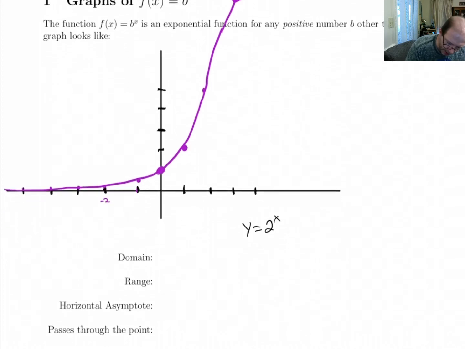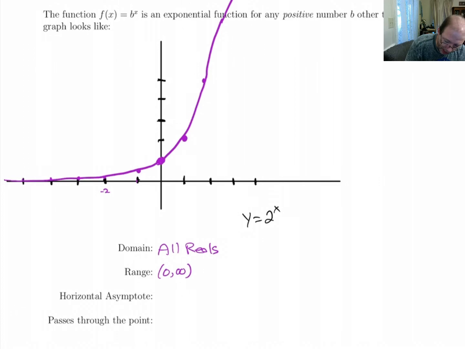Notice the domain is going to be all reals. The range, notice it goes up to infinity, but it never goes below 0, and it never actually hits 0. So the range is going to be everything from 0 to infinity, not including 0. Horizontal asymptote is going to be the x-axis.